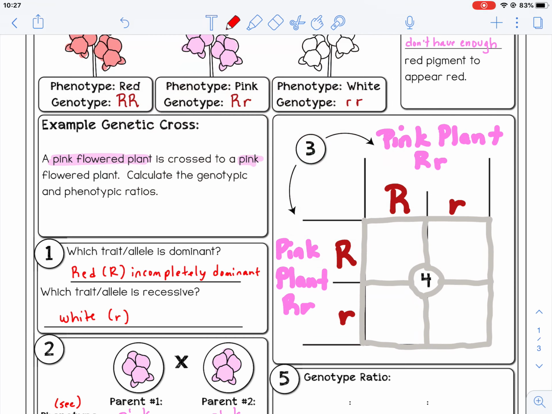Okay, so what's going to happen when they cross? Well, this top corner box, we're going to end up with two big R's. The top right corner, we have a big R and a little r. The bottom left-hand corner, we have a big R and a little r. Remember, if you have a big R and a little r, you put the capital letter first. That's just convention. And then the bottom right, we have 2 little r's.